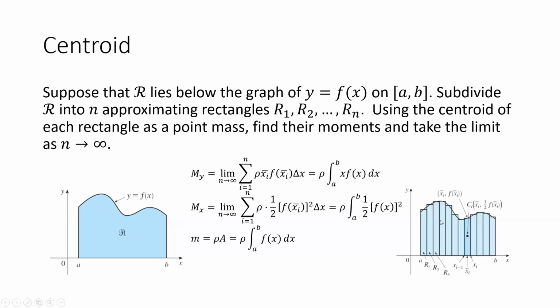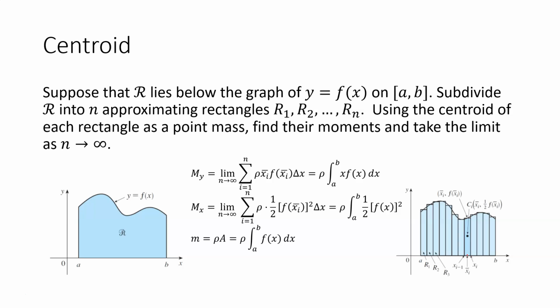In this case, that'll be essentially how we break a region down. First, we'll subdivide it into subintervals and then use approximating rectangles under the curve, where of course, because it's a rectangle, the center of mass is going to lie at the midpoint of that rectangle. So let's take, for instance, the ith rectangle here. The center of mass there will be located in the midpoint of that ith rectangle.